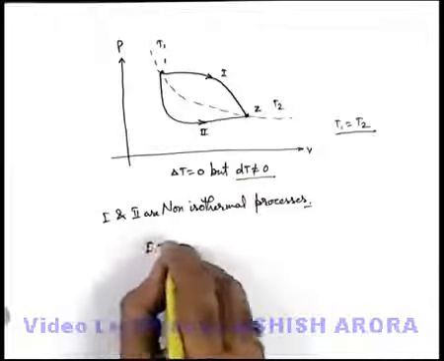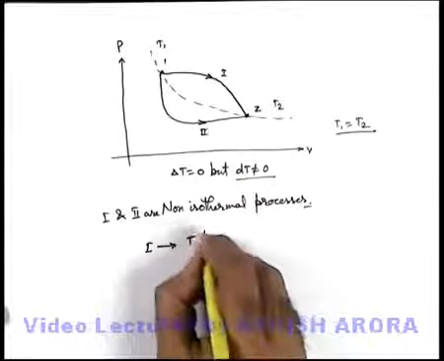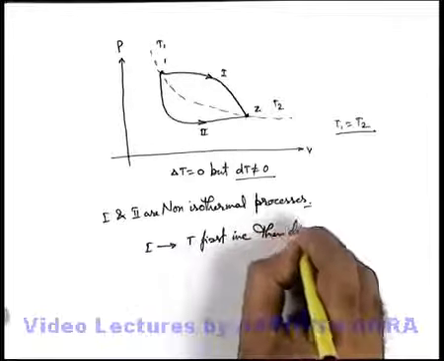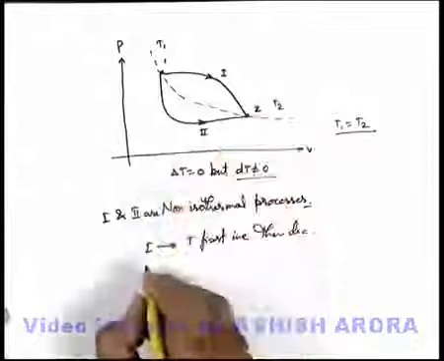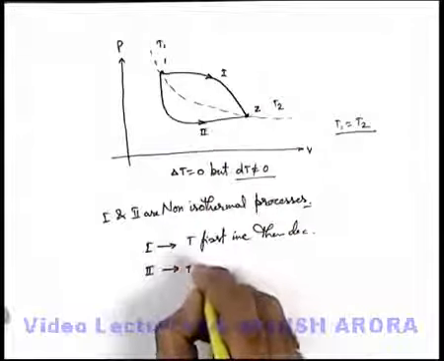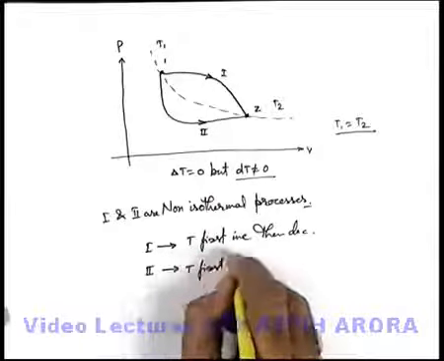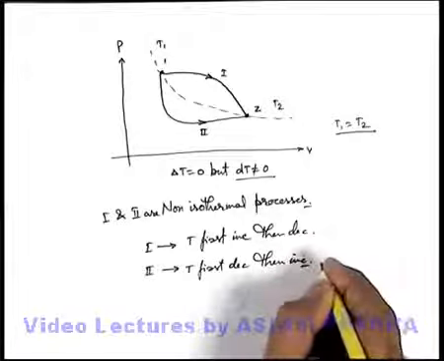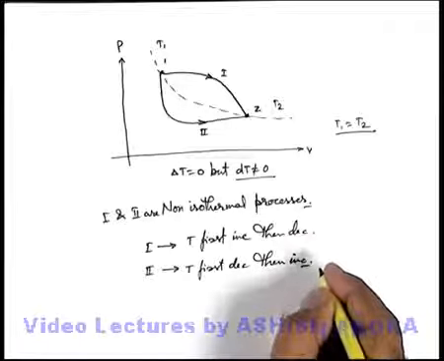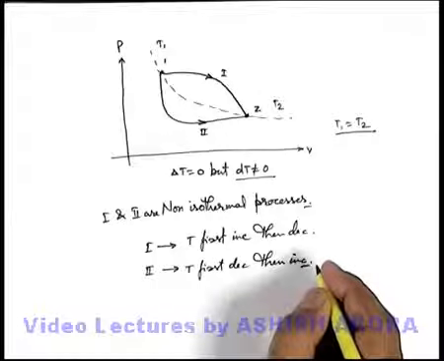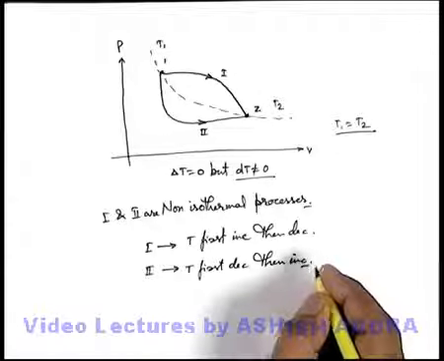So in path 1 we can say temperature first increases then decreases because it is coming back to same temperature. In path 2 as it is going down, we can say T first decreases then increases. So such qualitative relations also are quite important in understanding different kinds of problems related to isothermal and non-isothermal processes.